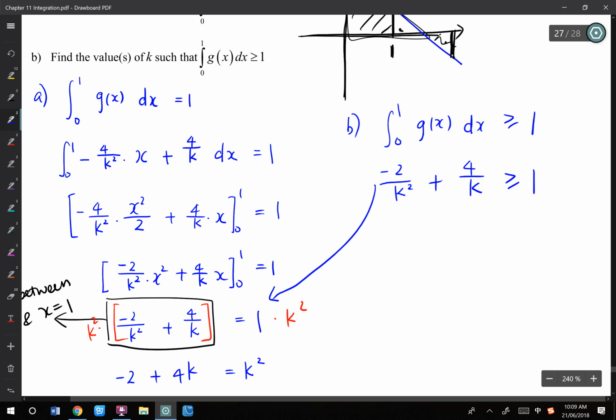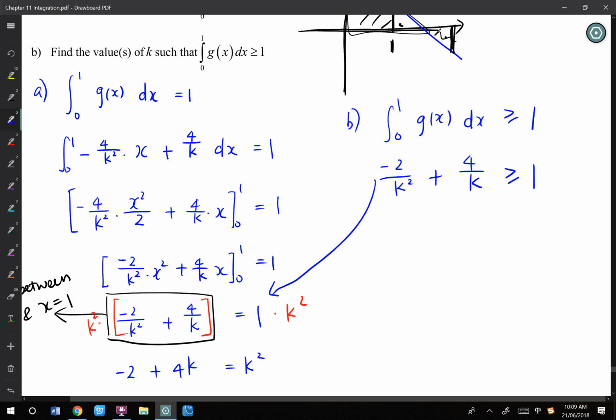It's coming from this step. Ignore the red because we times k squared later. We just integrate on the left hand side, and then we have minus 2 over k squared plus 4 over k. That's the area under the curve between 0 and 1. We have worked that out already, so we don't need to calculate it again. We just change the sign and the numbers later.